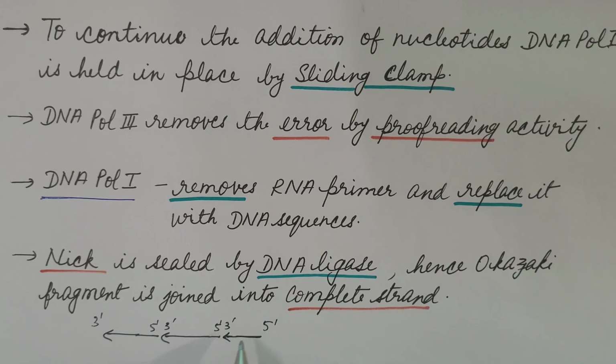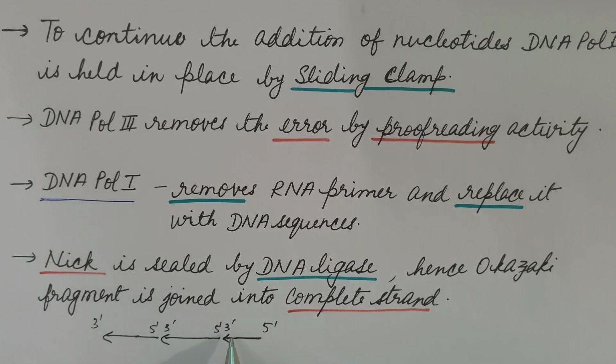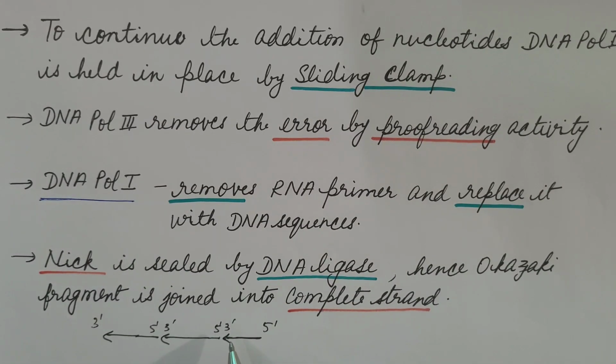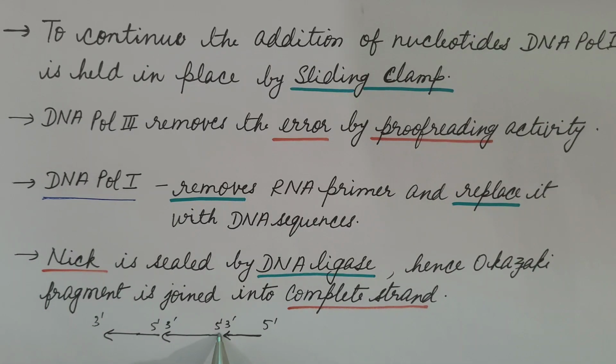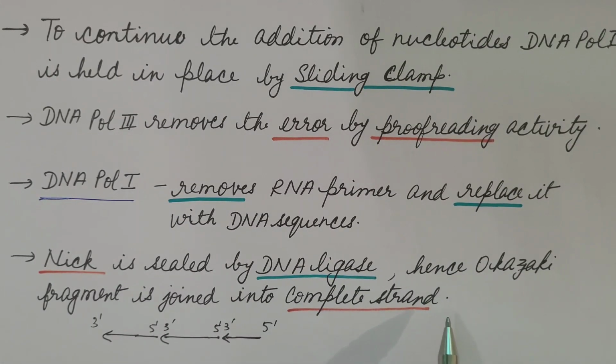This nick is sealed or ligated by forming the phosphodiester bond between the 3' group at one end of the DNA chain and the 5' group at the end of the other DNA chain, as a result of which the Okazaki fragment is joined into a complete strand.